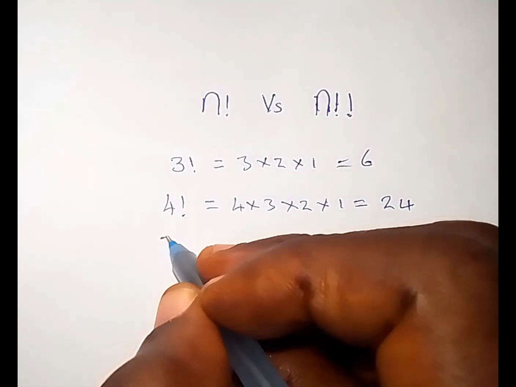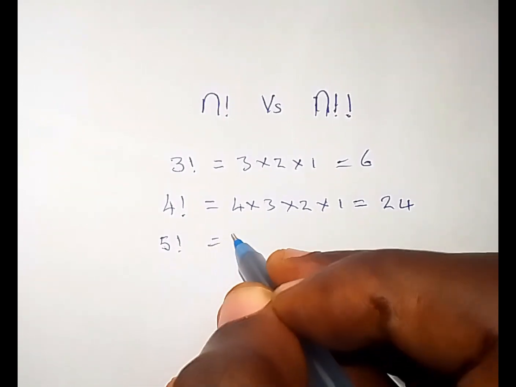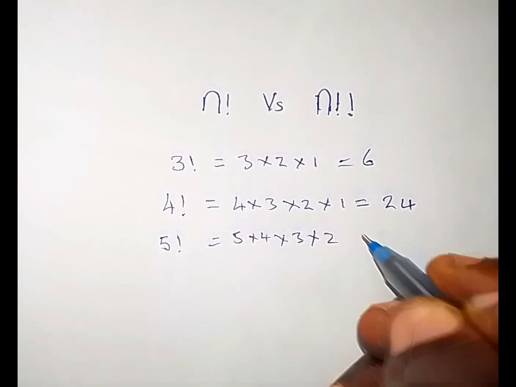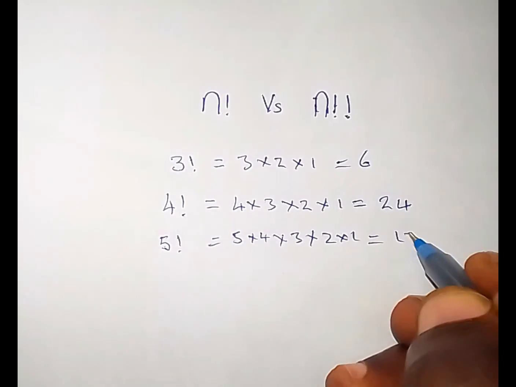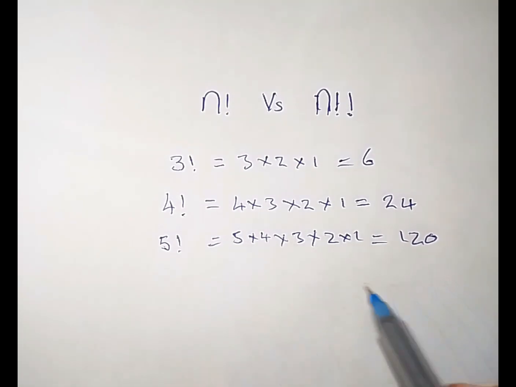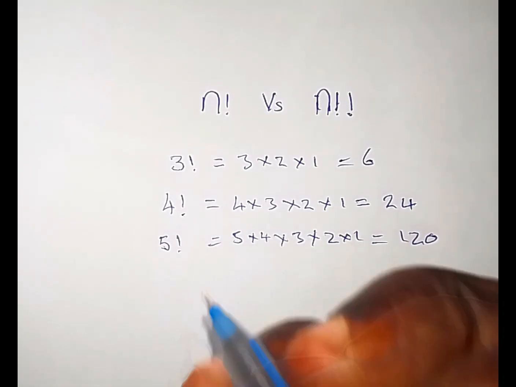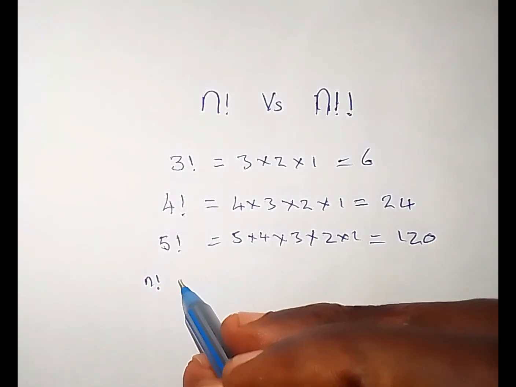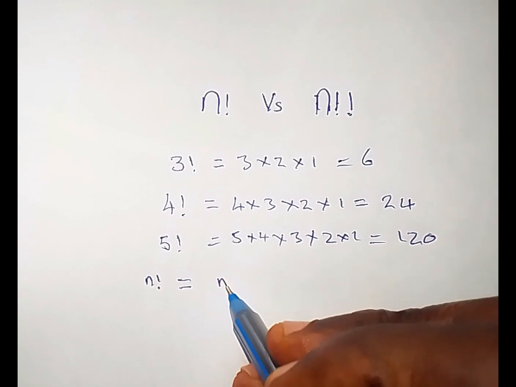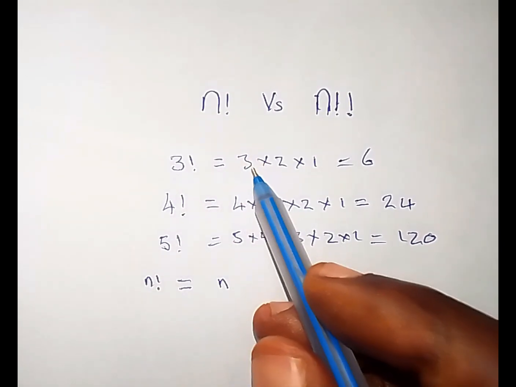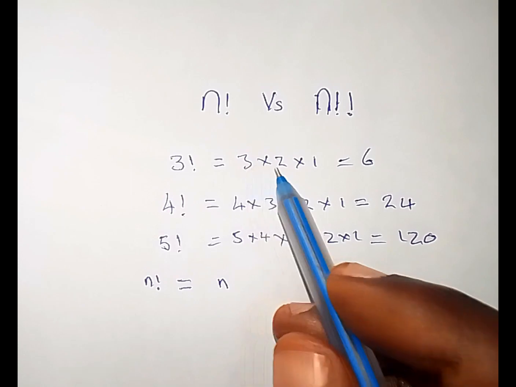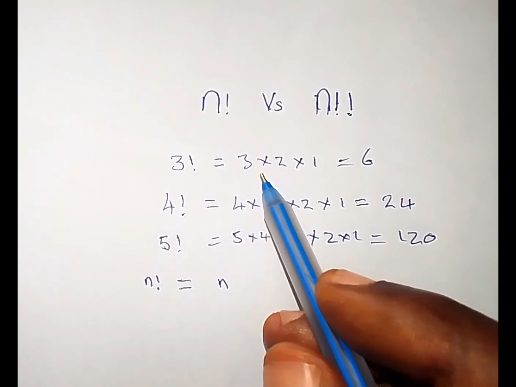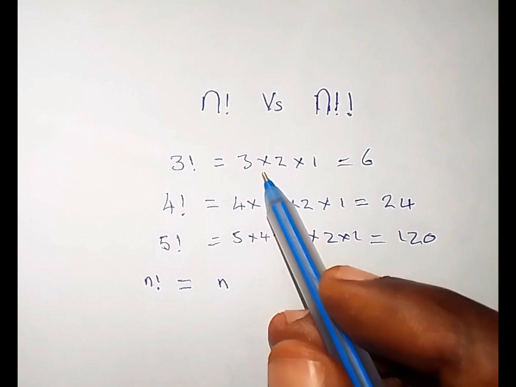So 5 factorial is also defined as 5 multiplied by 4 multiplied by 3 multiplied by 2 and then multiplied by 1, and this is going to be 120. So this is what is called factorial. So in general, n factorial, for any positive integer, is defined as n. Now if we look at the sequence, in between any two numbers we have just a difference of 1.